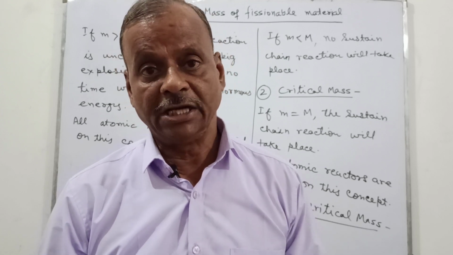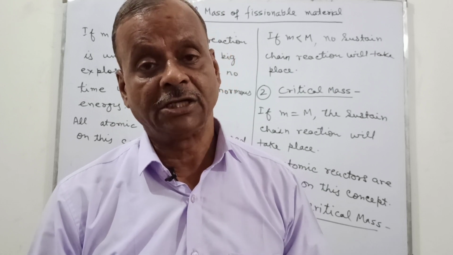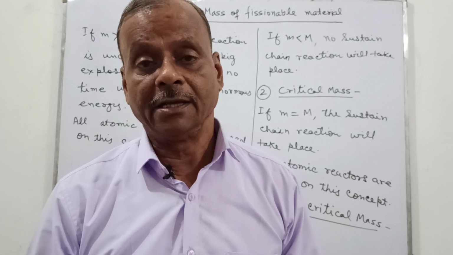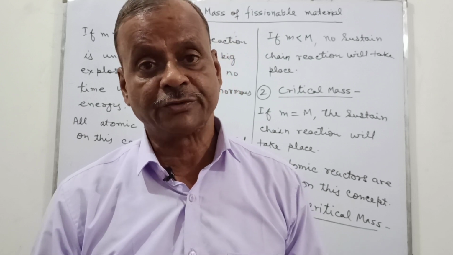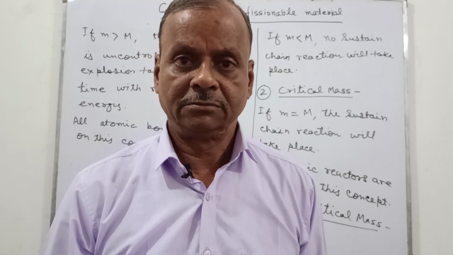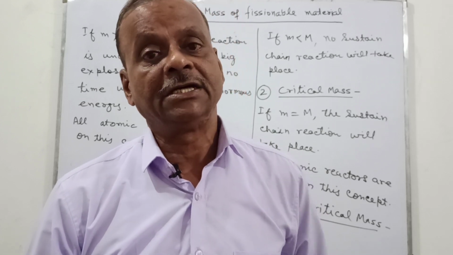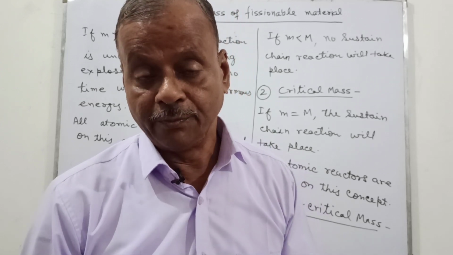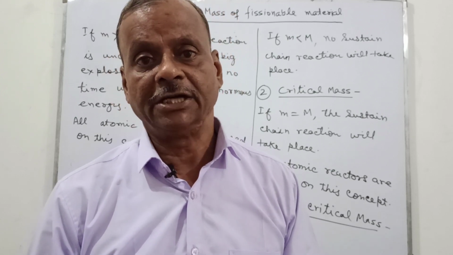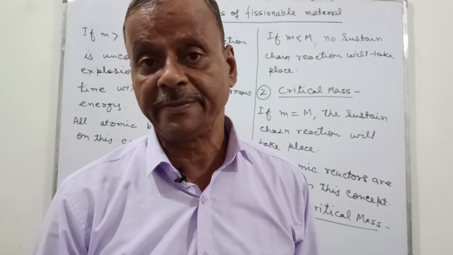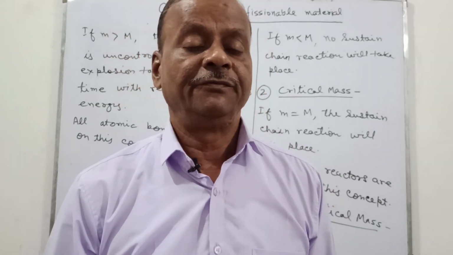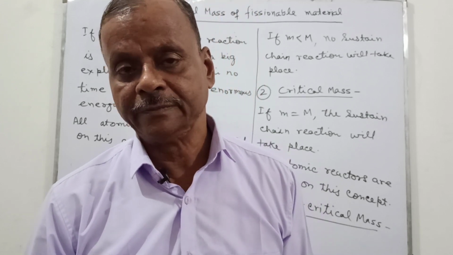Everyone of us knows about Hiroshima and Nagasaki, the two large cities of Japan, where two atomic bombs were dropped during the Second World War. One bomb was called the Little Boy, in which uranium was used as the fissionable material, and the second was called the Fat Man, in which the fissionable material was plutonium.